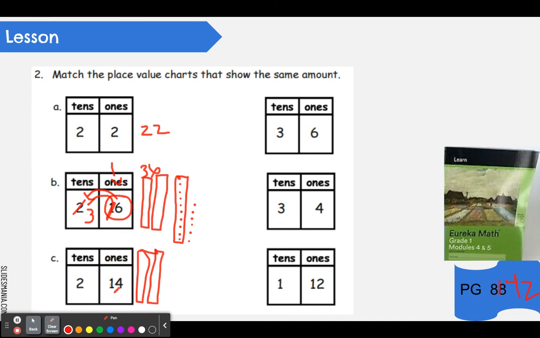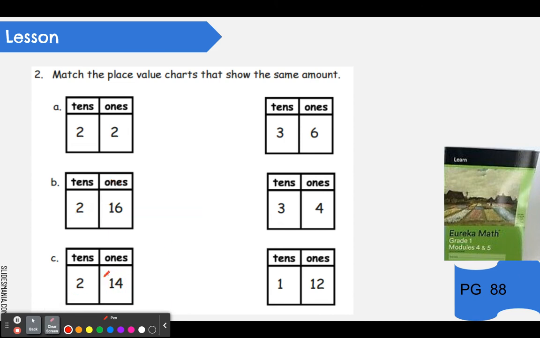And then it says I have 14 ones. Remember, we can't have 14 ones here. We can only have 9 and below.